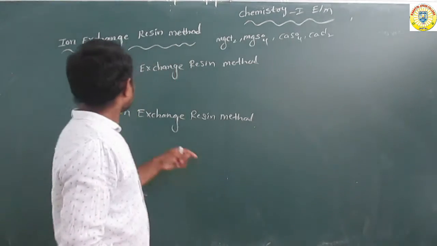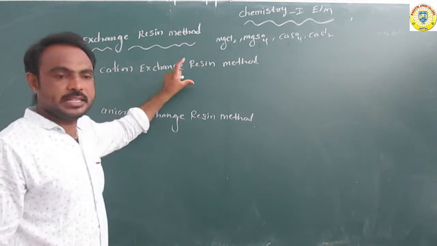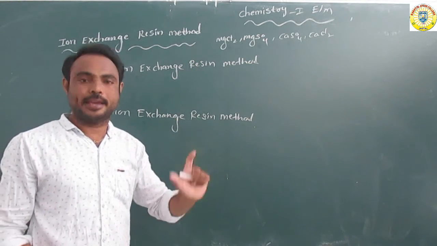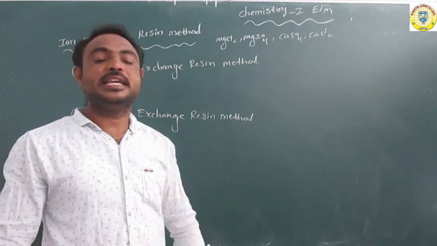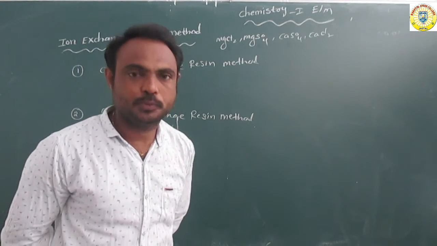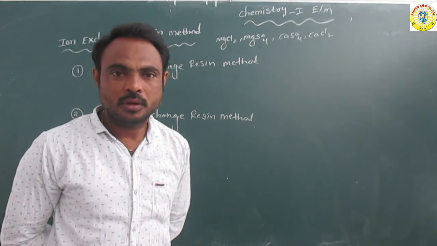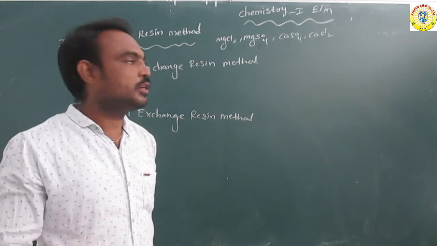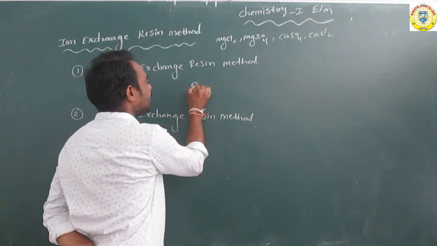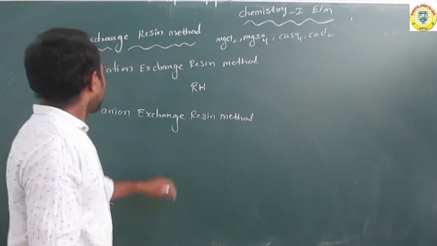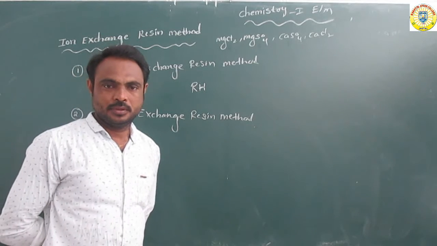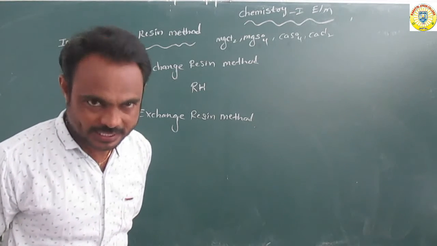So in the cation exchange resin method, we exchange the cation, in this step, to form H+ ions. In this process we add RH. RH is like an acid resin, acidic nature of resin.